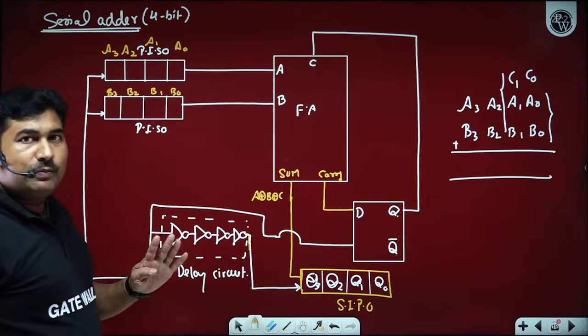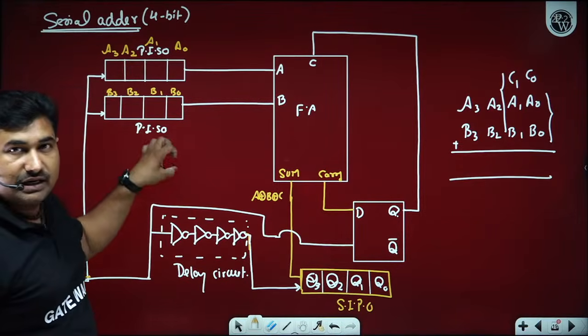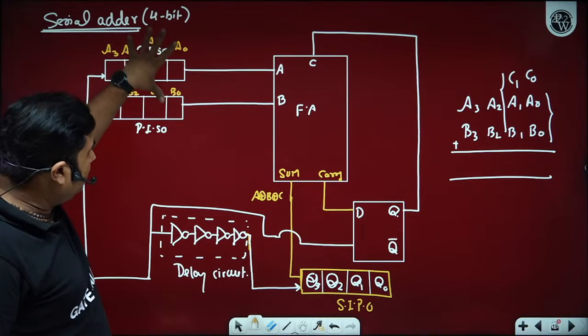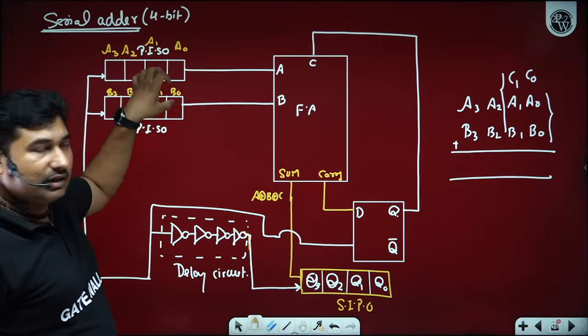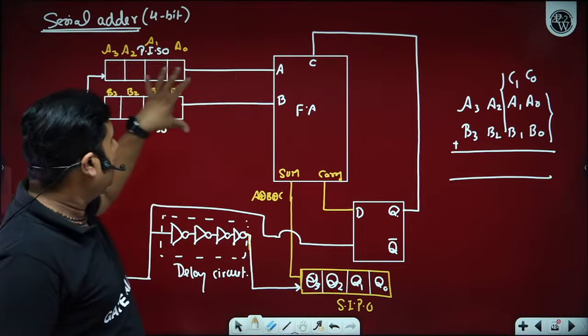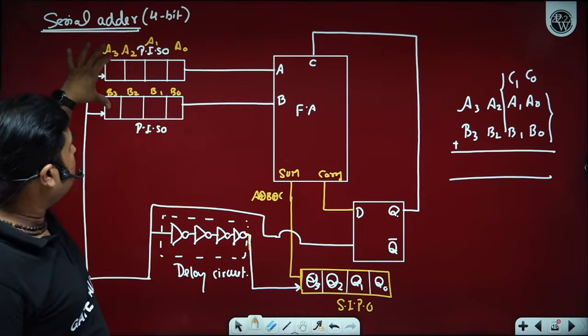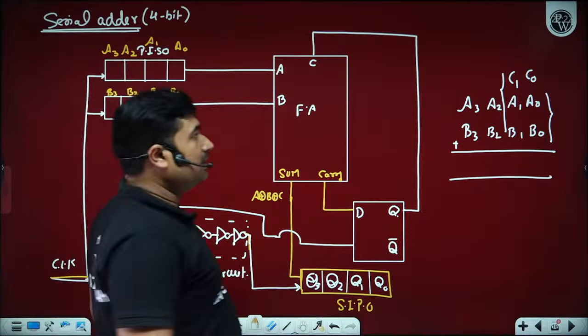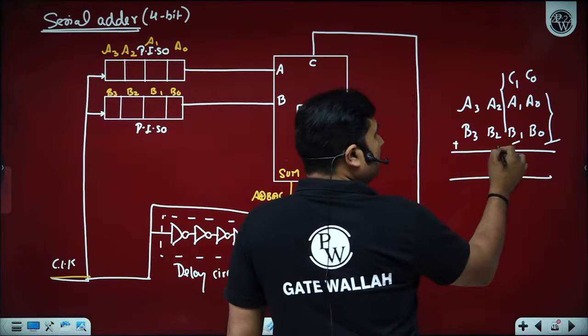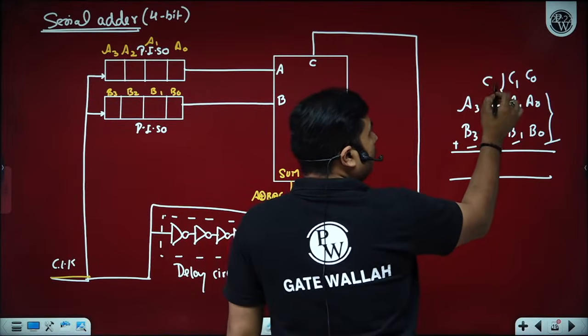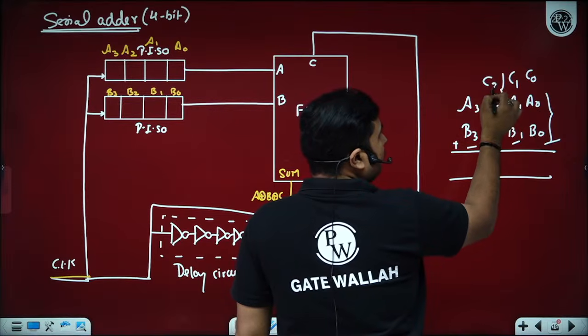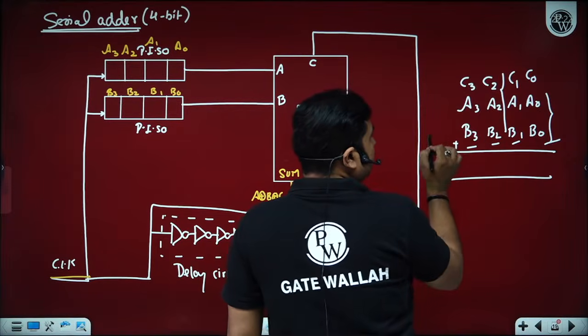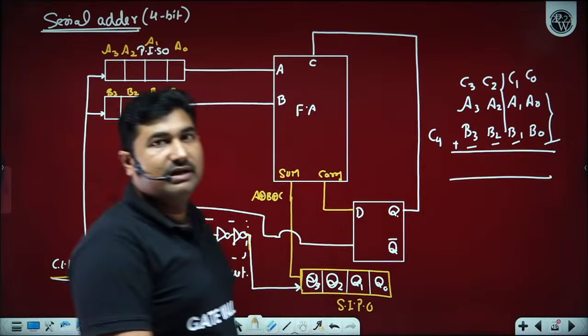So if we have 4 bits, for the first bit it got shifted. A0 B0 is onto the input A B, and after 3 clock pulses we reach A3 B3. So first clock, second clock, third clock and fourth clock. Post the fourth clock, you will have the entire addition.